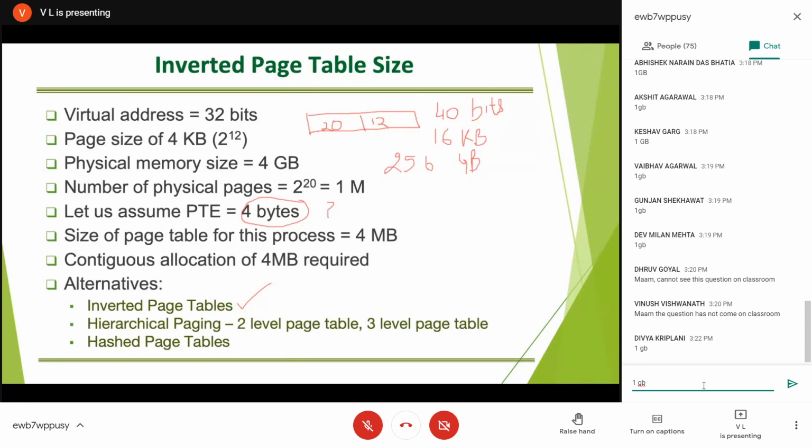Let's say the protection bits are 9. 9 bits are for protection, that is RWX, RWX, RWX. Let's say we are using the same analogy here. 1 bit for valid bit, 1 dirty bit, 1 valid bit, and 3 reference bits.